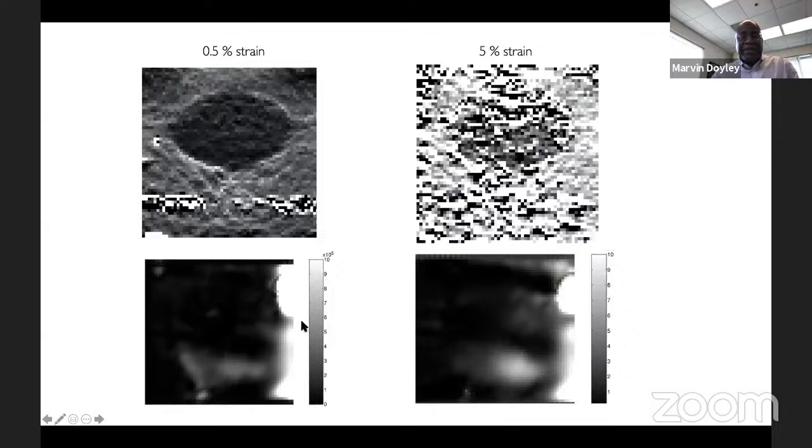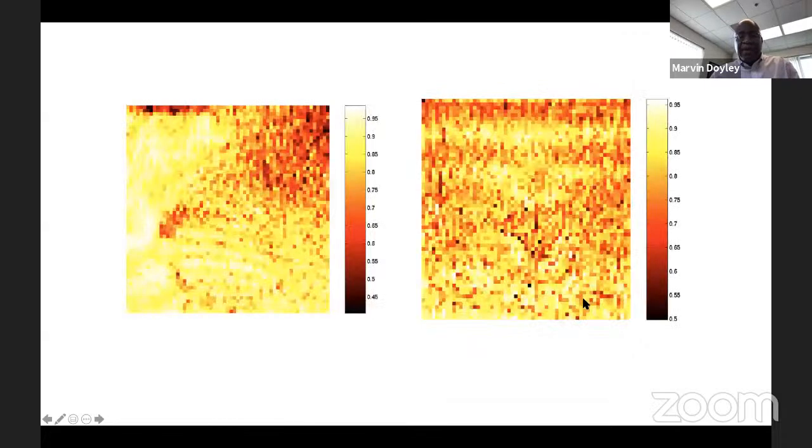Something wasn't right at the side here, so it just blows up. With the weighted case, you can see an inclusion there, but you still see something there. This is what the weighting matrix looks like for the 0.5%. The closer it is to 1, the better it is, and the closer it is to 0, you're in trouble.